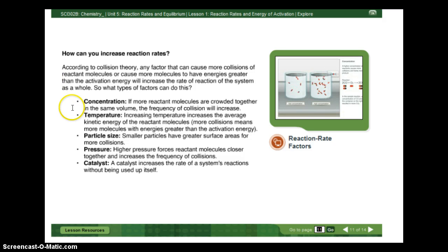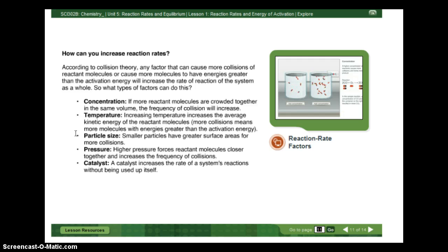So what types of factors can they be? Number 1, concentration. If more reactant molecules are crowded together in the same volume, the frequency of collisions will increase. Number 2, temperature. Increasing temperature increases the average kinetic energy of the reactant molecules. More collisions means more molecules with energies greater than the activation energy. Number 3, particle size.